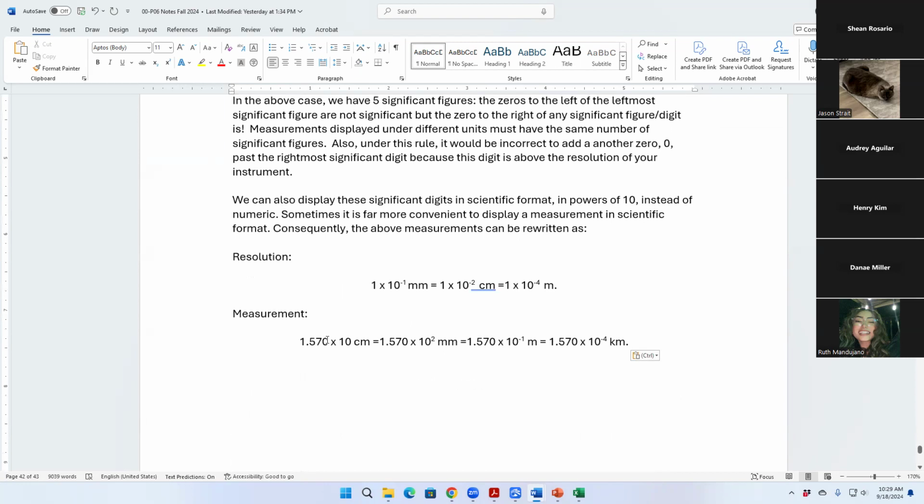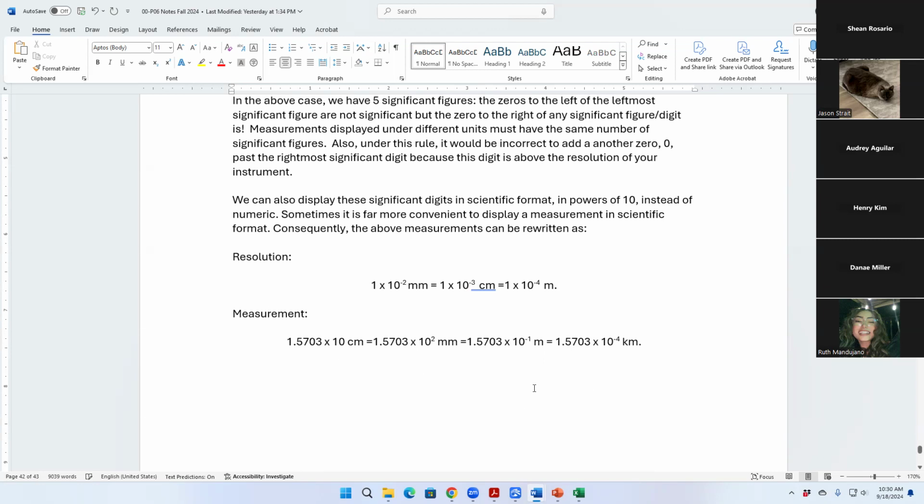Okay, we can also display this significant digit in scientific format. Here is going to be 10 to -2 millimeters, 10 to -3 centimeters, 10 to -5 meters. And then we add a significant digit. We add a significant digit.